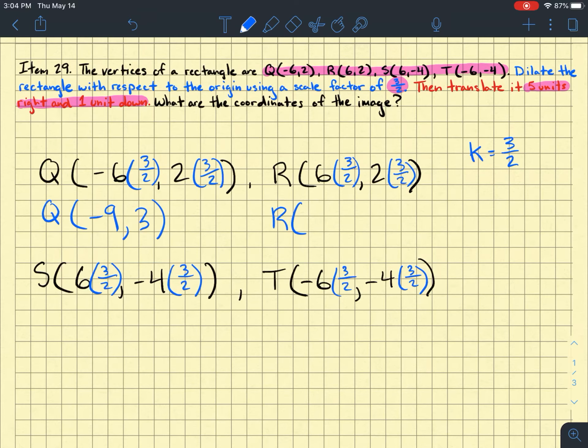For R, let's look at it a little differently. 6 divided by 2 is 3. 3 times 3 is 9. 2 divided by 2 is 1. So all we're left with is a 3.